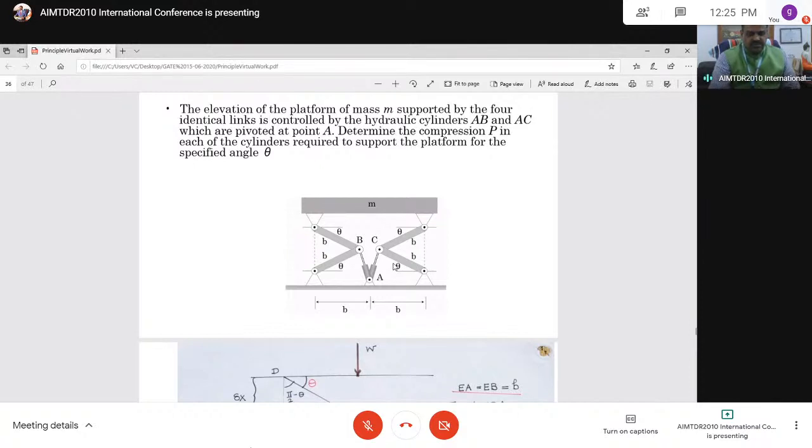And once again I am repeating, in static problems, today what we have discussed is how to apply the principle of virtual work by considering a real force virtual displacement or virtual force real displacement or a combination of both, vice versa conditions. That is one aspect we have discussed.